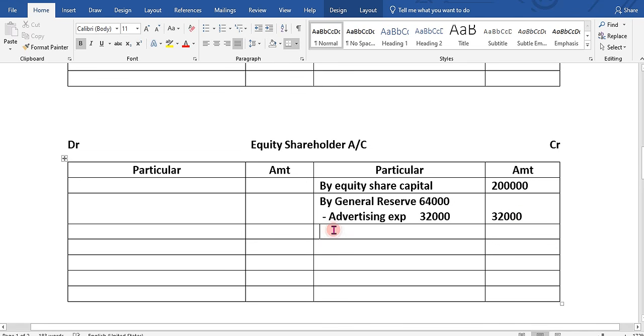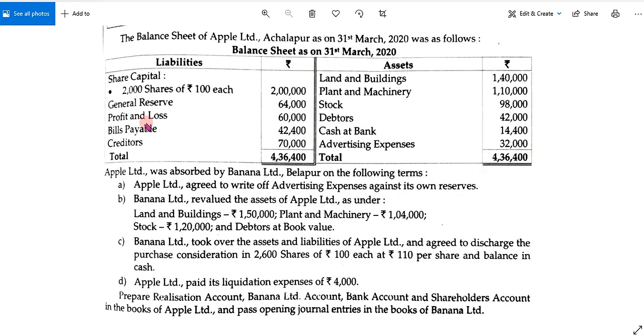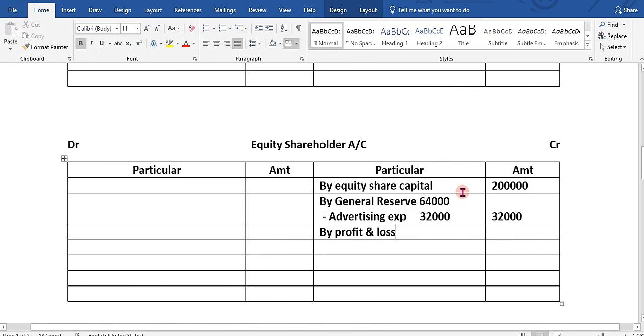Next entry will be by profit and loss. So profit and loss is 60,000; note it down in the equity share capital account, 60,000. Next, now here in debit side.